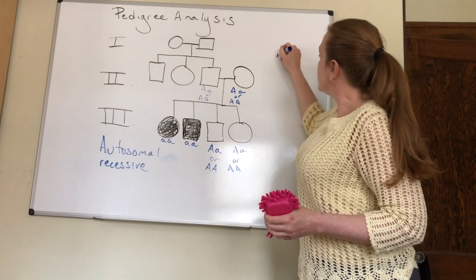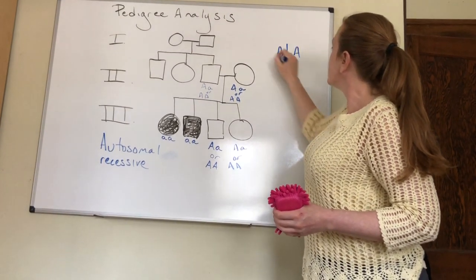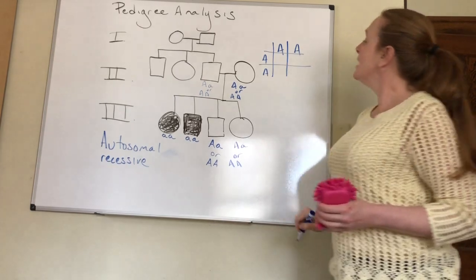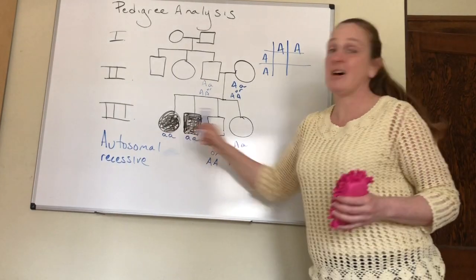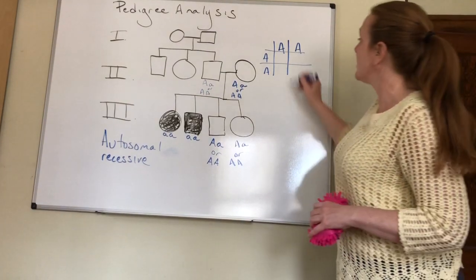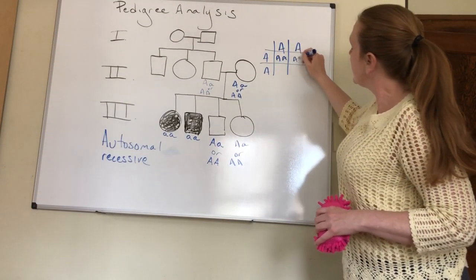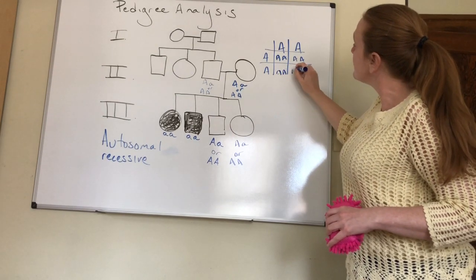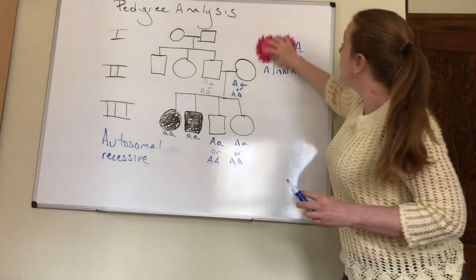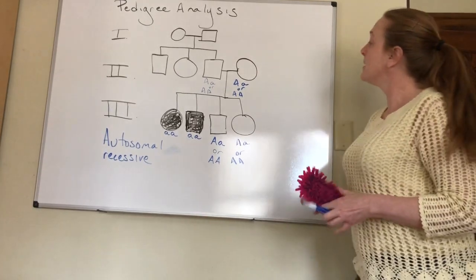So let's pretend both parents had a homozygous dominant genotype. Could they have made any offspring with a homozygous recessive genotype? And the answer is clearly no. They don't have any recessive genes to pass on, so there's no way that they could have made offspring or kids with a homozygous recessive genotype.